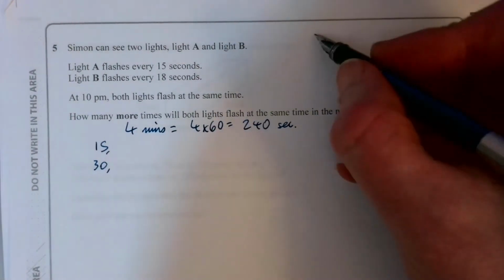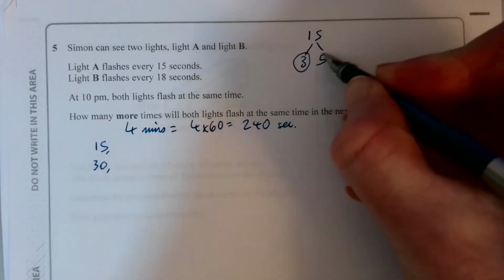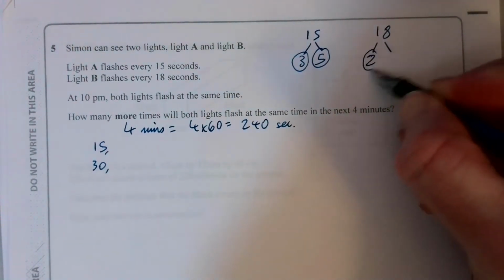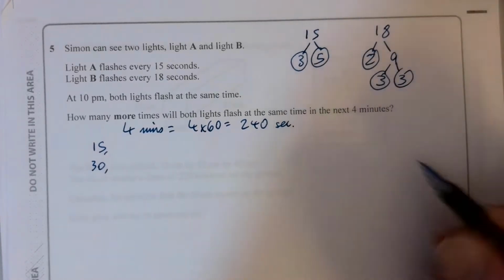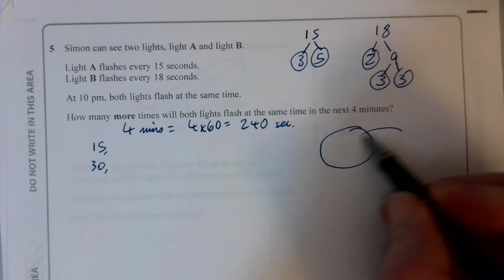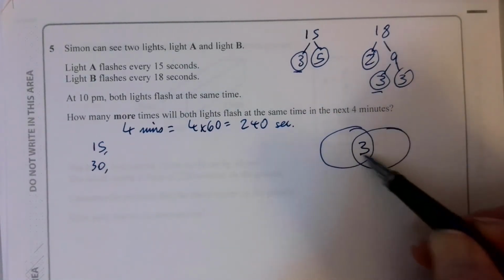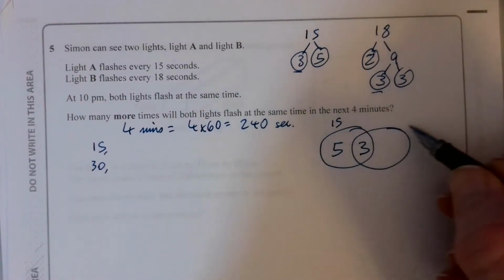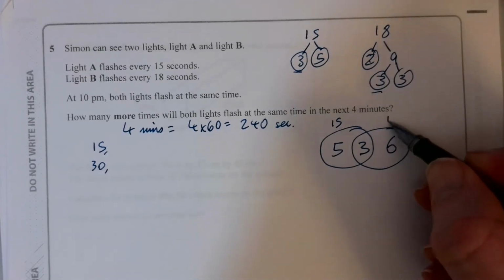Or you could do it by saying 15, I think this is going to be faster, 3 times 5, they're both prime. 18, 2 nines, 2 is prime, 3 times 3. And then I can make my Venn diagram and put 3 is the highest common factor, 5 times 3 makes 15, and 2 times 3 is 6, times 3 makes 18.